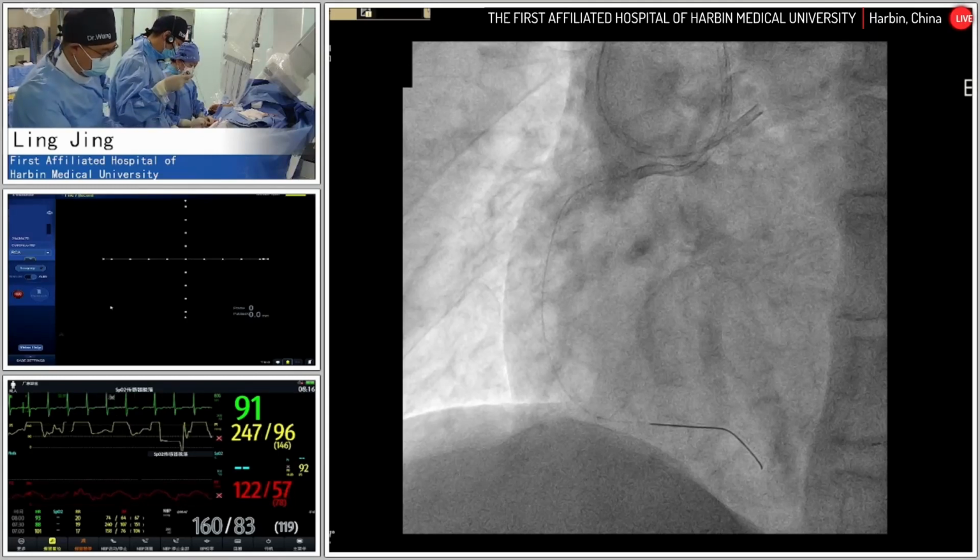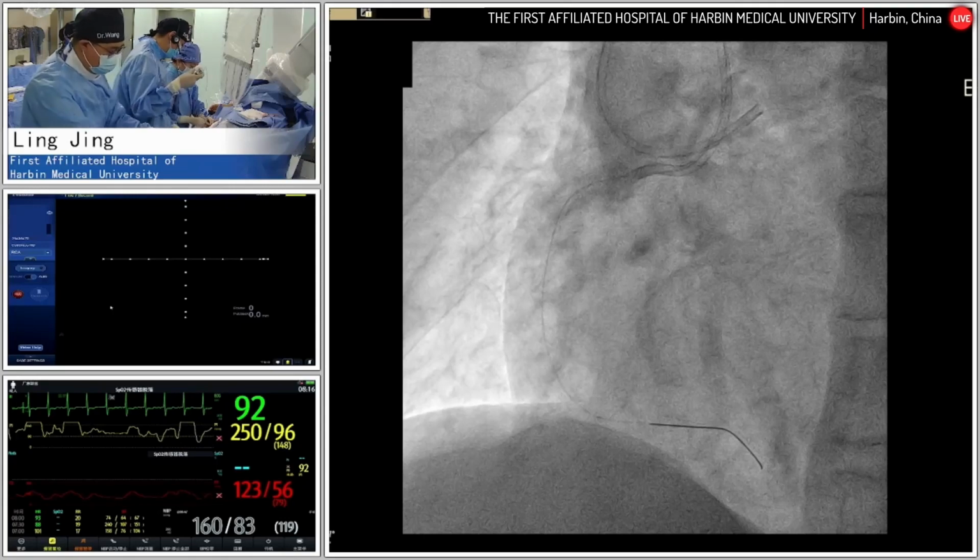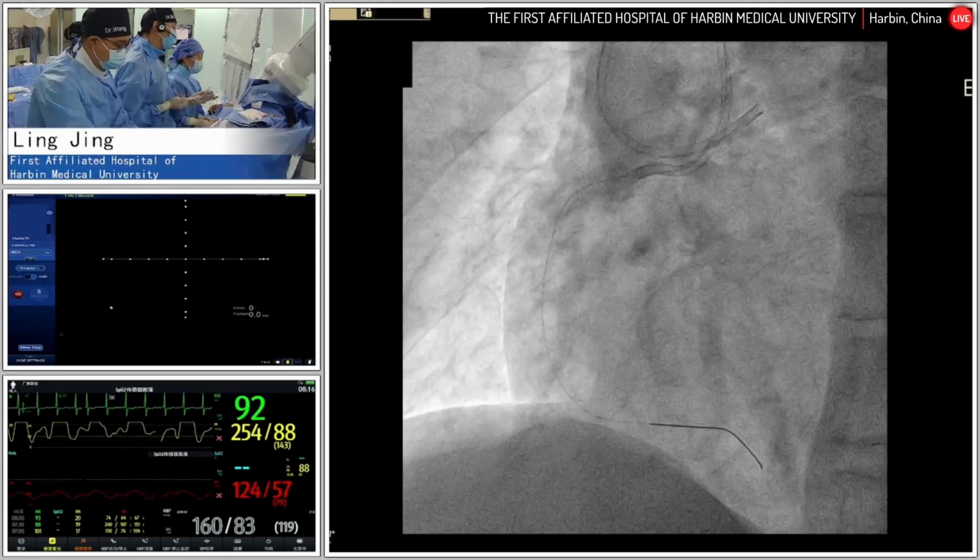So even though it is the RCA, we should pay attention to the blood pressure very carefully.